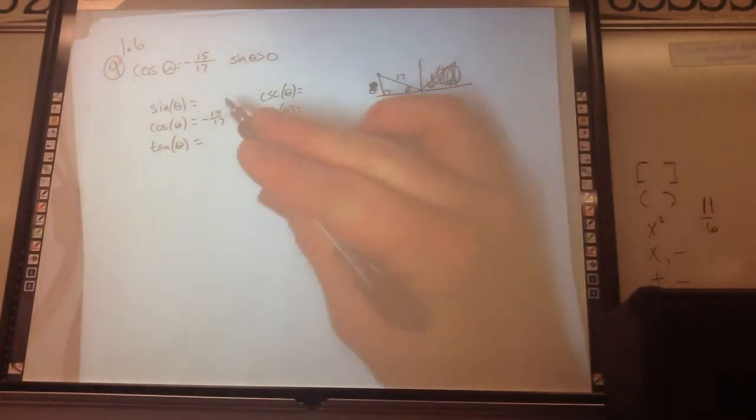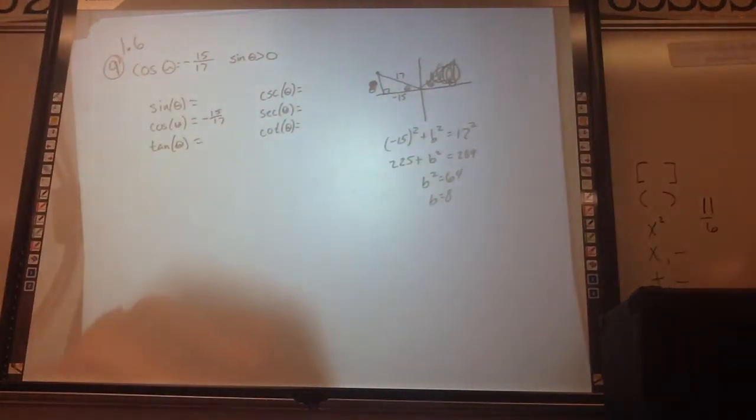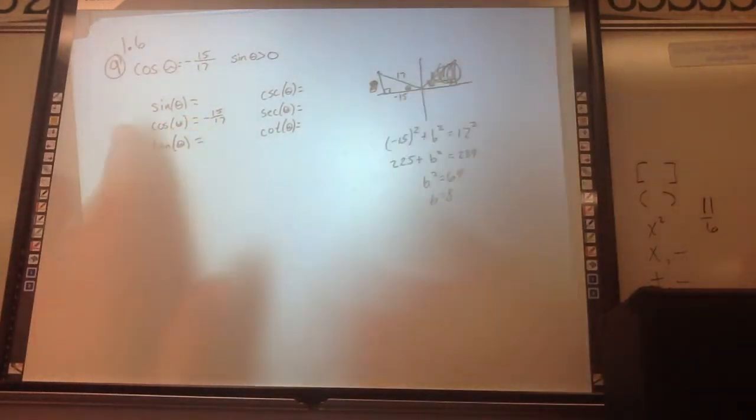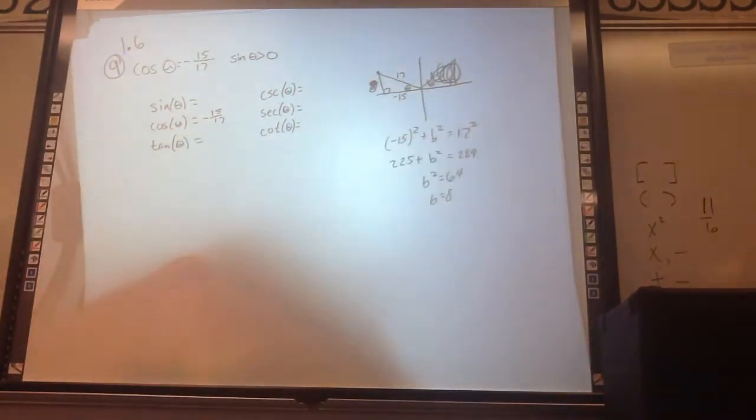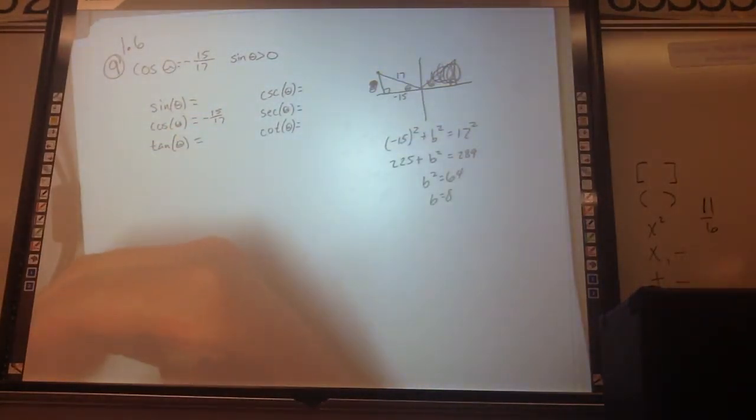So now it's an easy deal to fill in the rest, right? Your sine would be 8 over 17. So that was the hard part, drawing the picture and figuring out the third side.